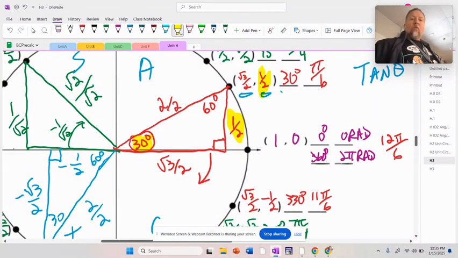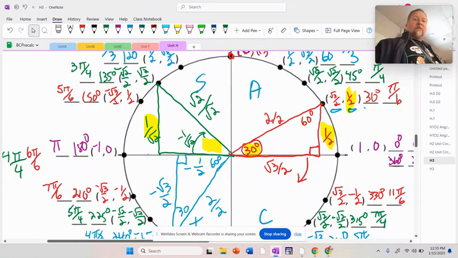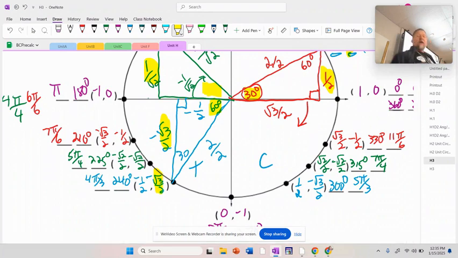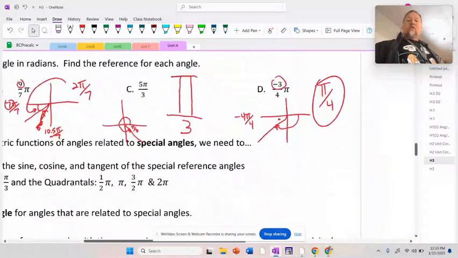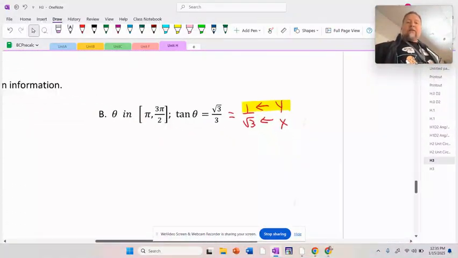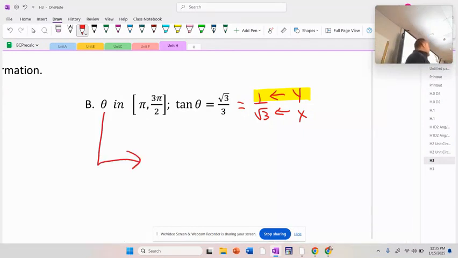Y. Reference angle. Well, this one doesn't really stick out so much. Y is always opposite the reference angle. So who is opposite 1? Is it 30 degrees or is it 60 degrees? It's 30.